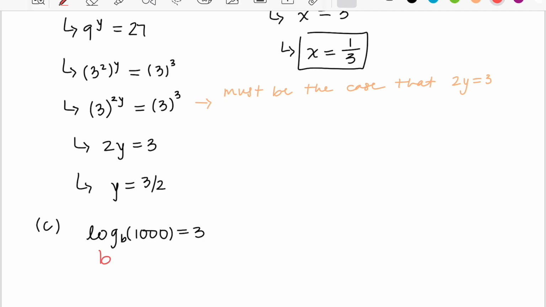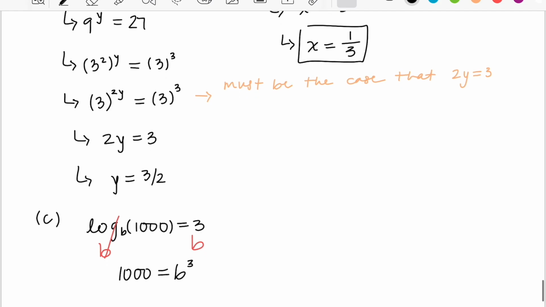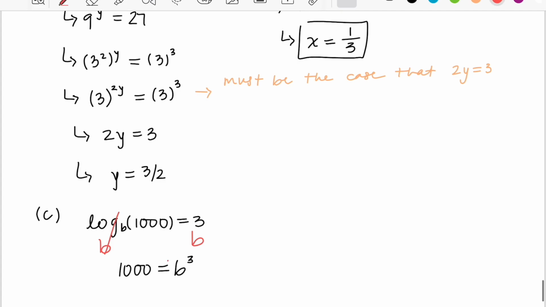So we'll take base b on both sides, and then we end up with 1000 is equal to b cubed. Then we can take the cube root on both sides to solve for b, and this ends up being 10, because 10 cubed is 1000. Alright, so pretty simple there.